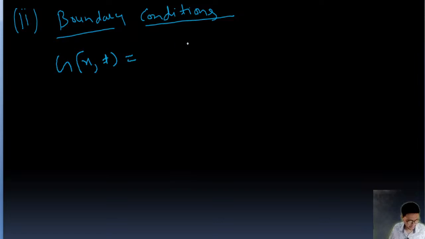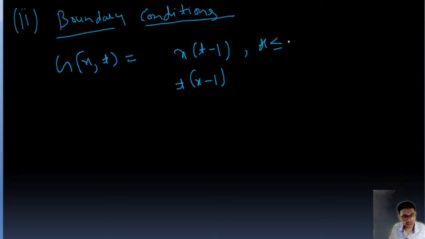The first term is x into t minus 1, and the second is t into x minus 1. Here x is less than or equal to t, and here x is greater than or equal to t. Right? This is the green function.